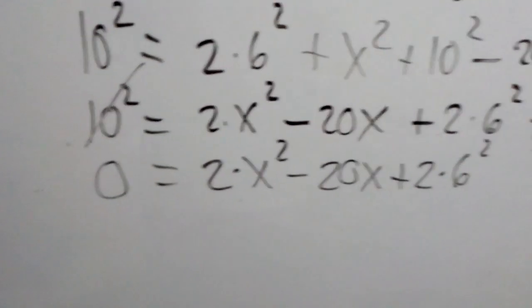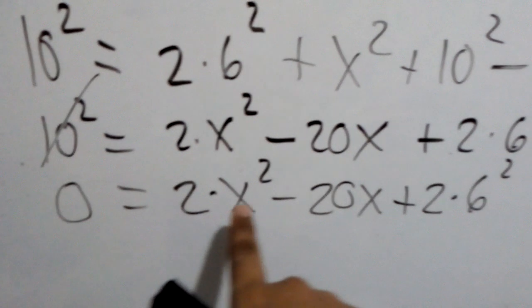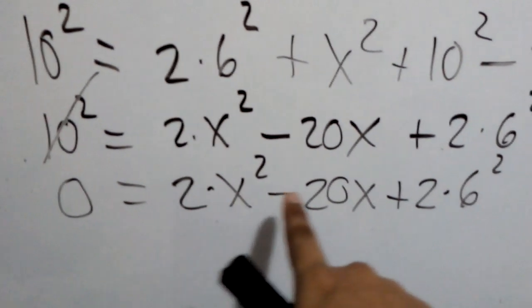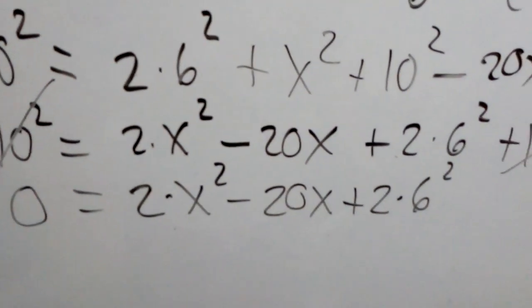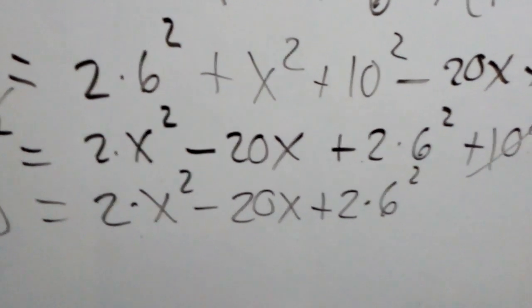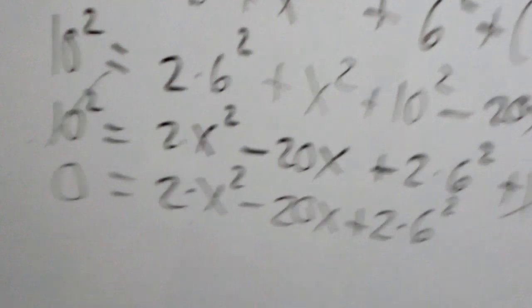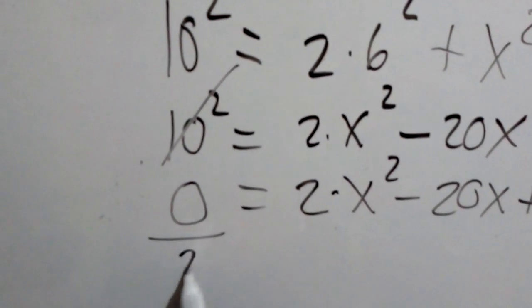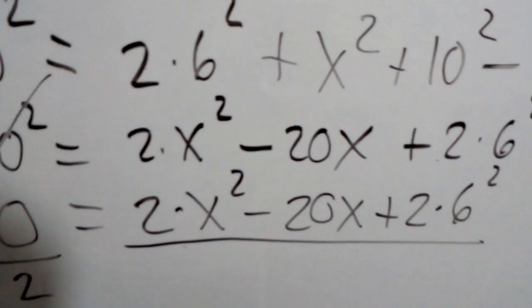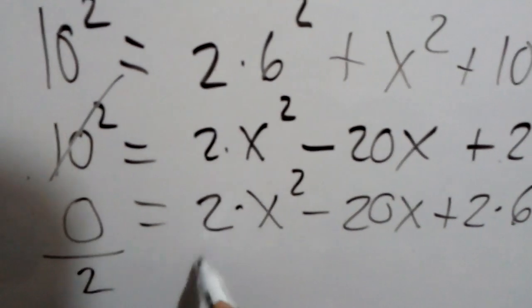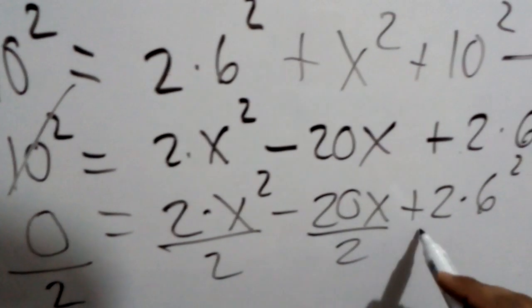And you can see that we have a factor of 2, because here is 2 multiplying, here is 20 multiplying, and 20 is 2 multiplied by 10, and here is a 2 multiplying, so we have a factor of 2. So we divide all by 2, well, let's put it term by term, so you can see it more easily.